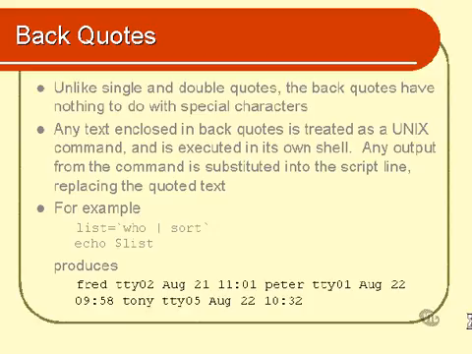Fred is on TTY02 and he's on from the particular date, then Peter's on TTY01 on a different date, and Tony's on TTY05 on another date as well, which is almost exactly what you'd expect, except all the new lines have disappeared.